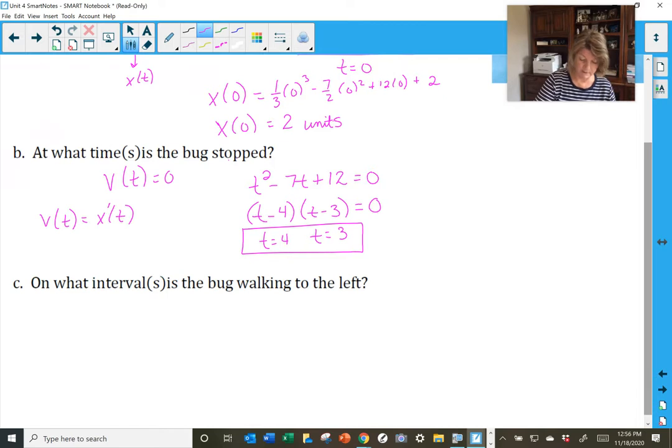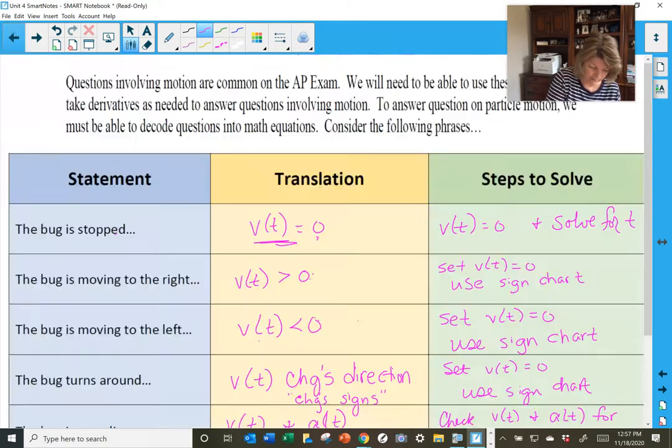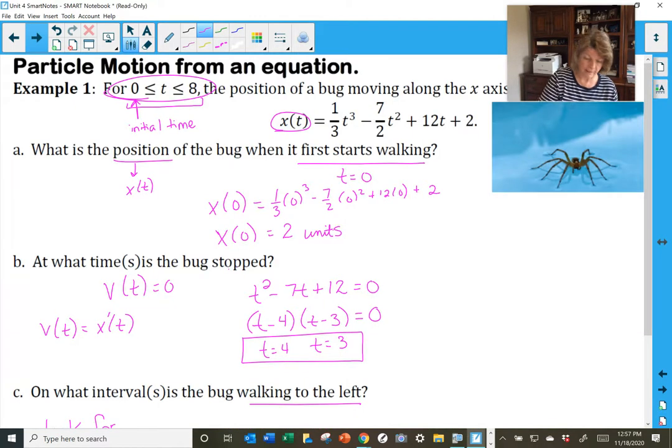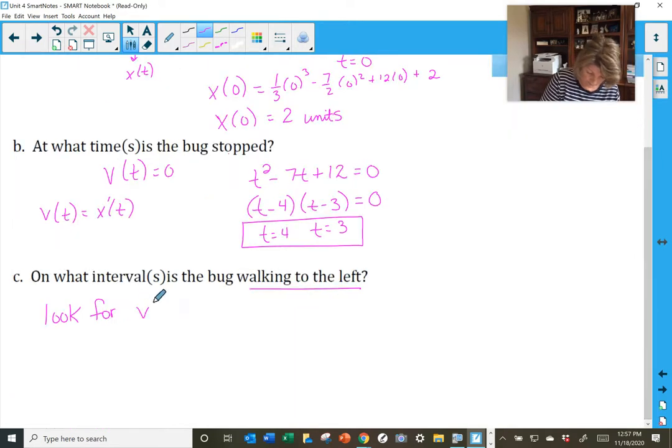On what intervals is the bug walking to the left? To the left means that I want to look for velocity. Well, let's go back and see what that chart said. Moving to the left, I want to look for the velocity being less than 0. Look for v of t being less than 0.